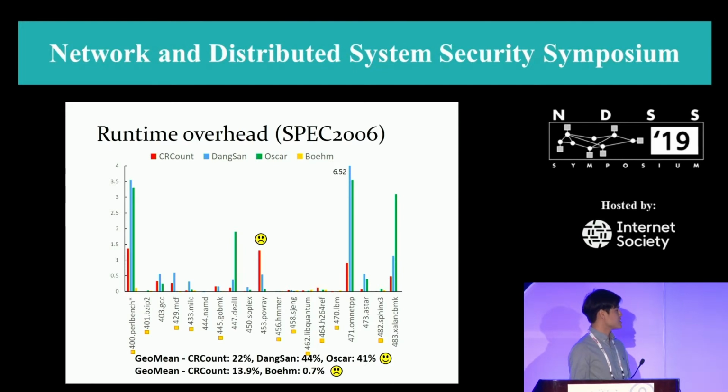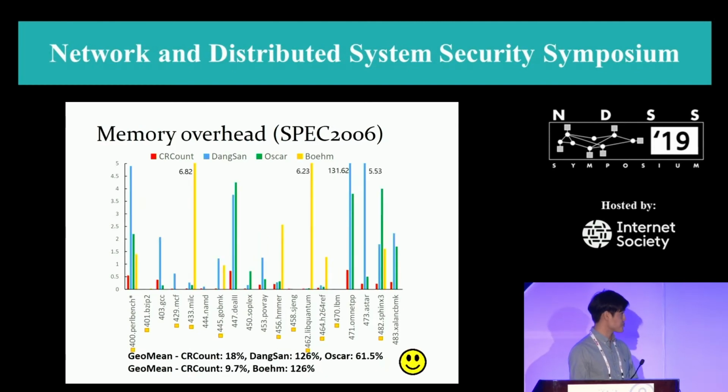And the Boehm garbage collector turned out to be really efficient for the SPEC benchmark, which we think is because they do not perform any kind of maintenance operation, but they only periodically scan the memory to free the memory objects.